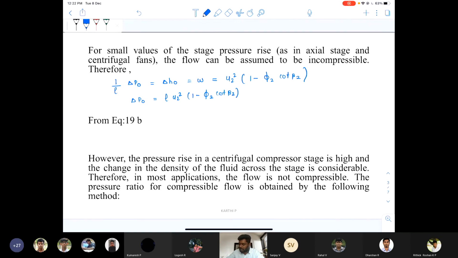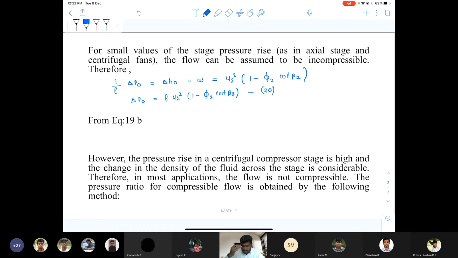You are using this equation, and we consider it as equation number 20.